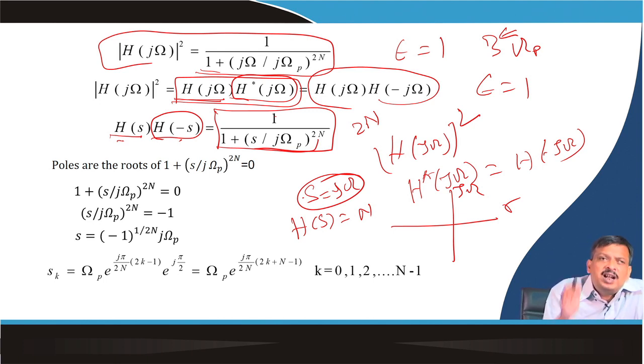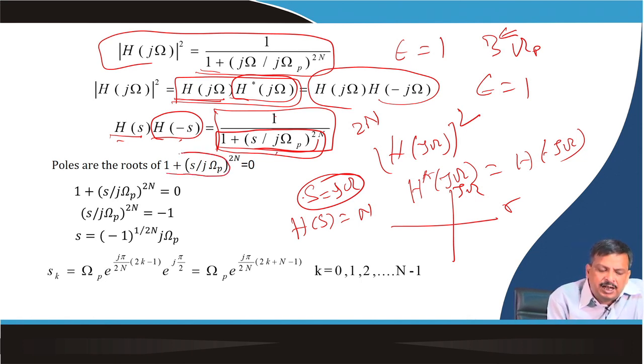Okay. Now, how do I get the poles of H(s)? The poles are nothing but the solutions of this equation, so I have to solve it. 1 plus (s by j omega p) to the power 2n is equal to 0. So (s by j omega p) to the power 2n is minus 1, and s is equal to (minus 1) to the power 1 by 2n times j omega p.